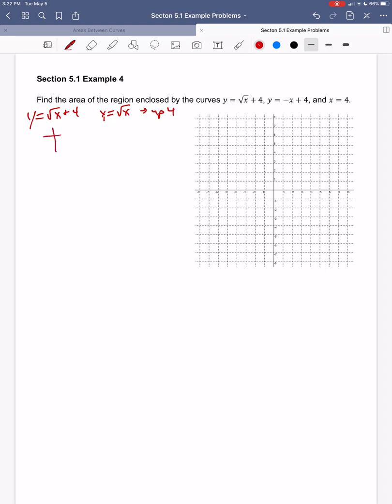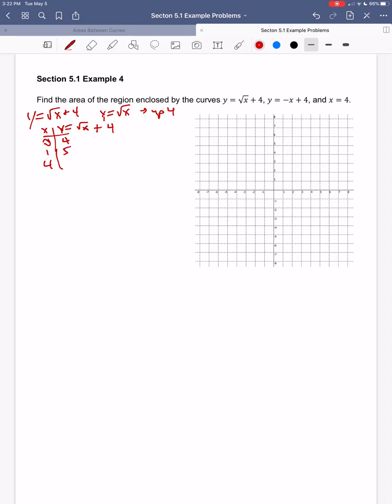I know, of course, if I put in some values here, I can put in 0, 1, and 4, for instance. Square root of 0 is 0, 0 plus 4 is 4. Square root of 1 is 1, 1 plus 4 is 5.